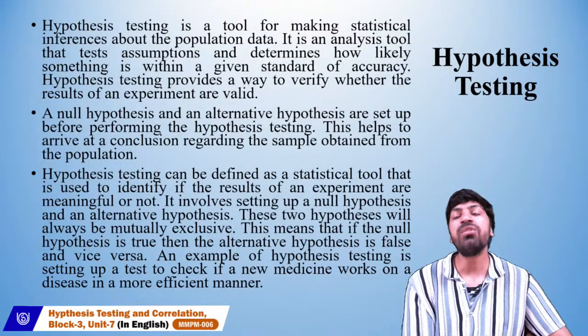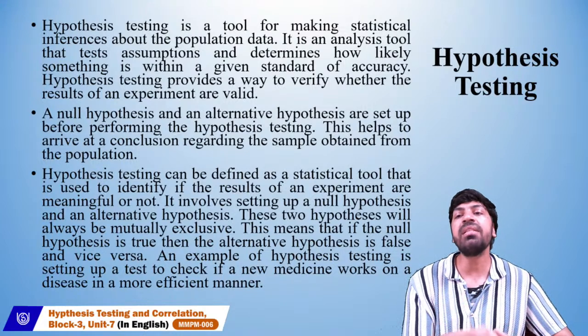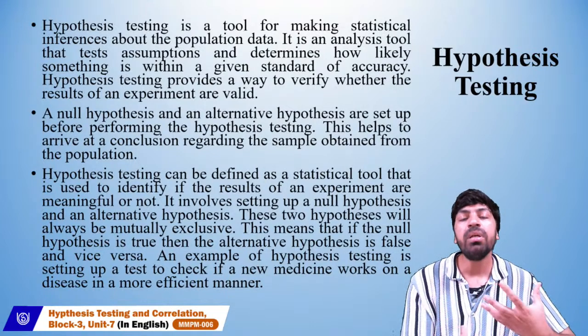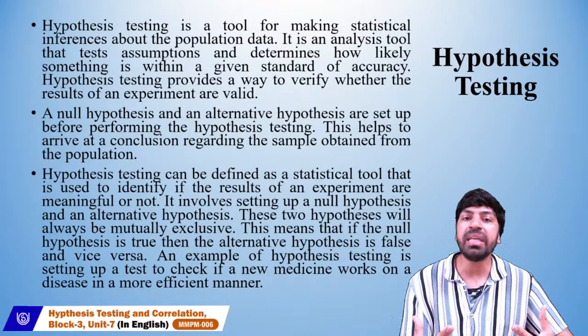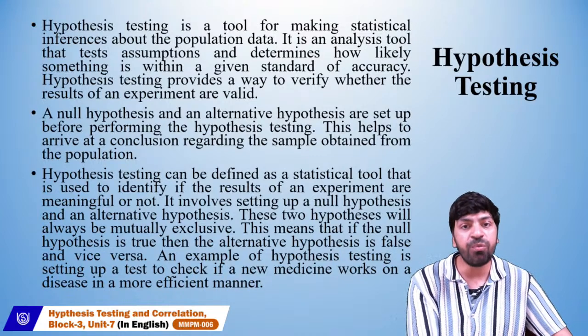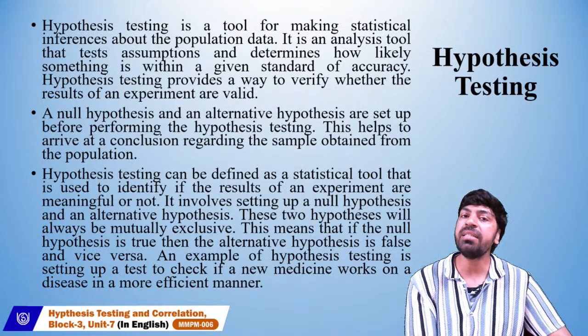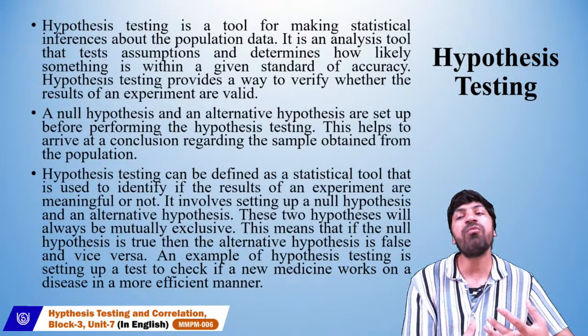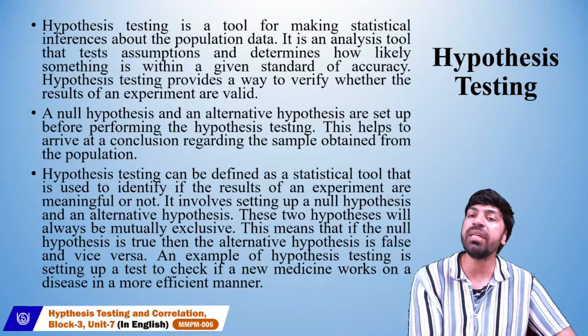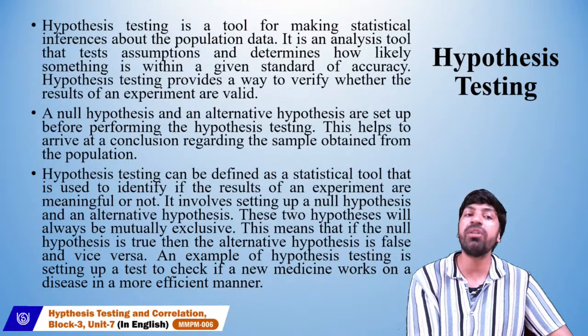population data. So it is termed an analysis tool which always tests the assumptions and determines how a particular declarative statement is to be proven within the given standard of accuracy. So hypothesis testing always provides a way to verify whether the results of the experiments are valid or not.